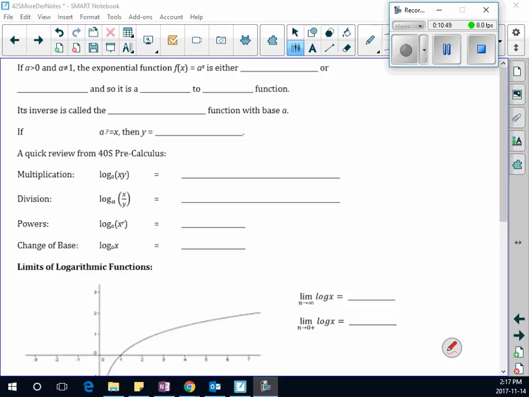So if a is greater than 0 and not equal to 1, the exponential function f of x equals a to the power x is either increasing or decreasing.